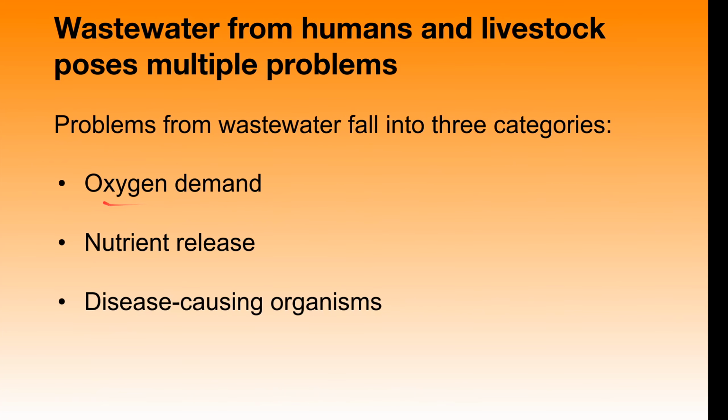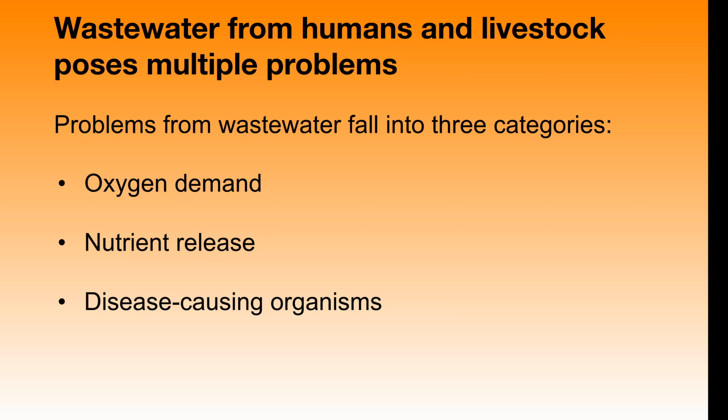All right, we went over this, oxygen demand. Anytime we have a spike in the demand for oxygen, you have a spike in the life in an area, and that could potentially lead to eutrophication or an algae bloom, for instance. Nutrient release would be the over-release of nutrients into the environment. It could be through fertilizer overuse.